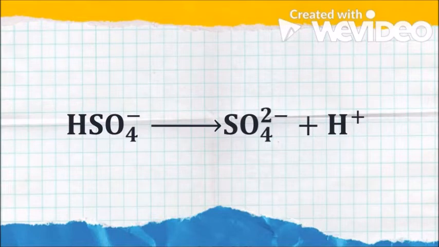The hydrogen sulfate ion may further dissociate to give hydrogen ion and sulfate ion. Thus, the presence of sulfuric acid causes the concentration of hydrogen ion to increase dramatically, and so the pH of the rainwater drops to harmful levels.